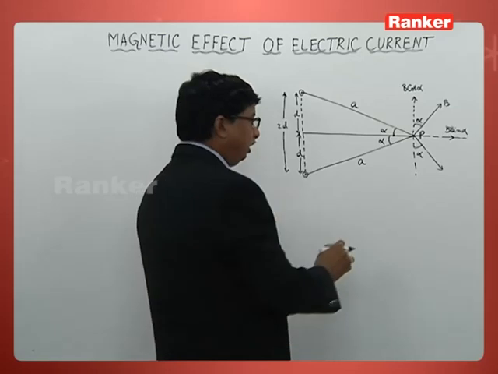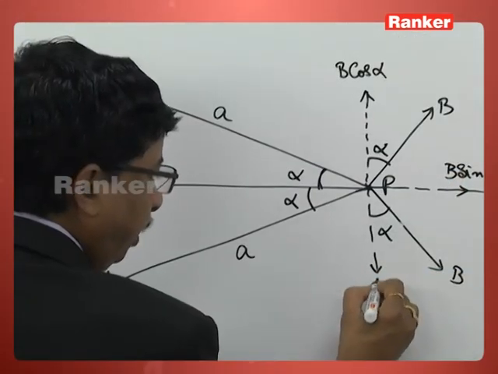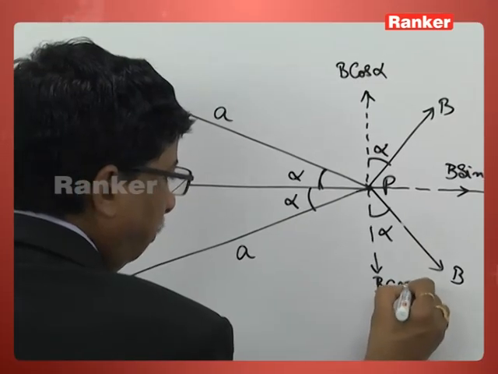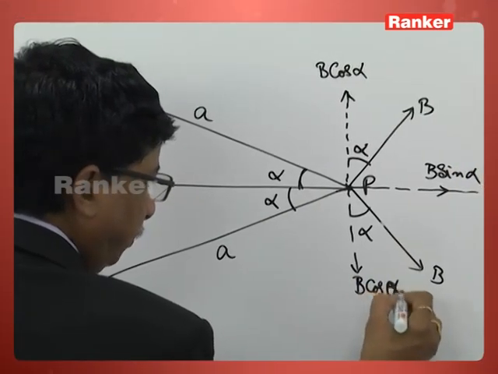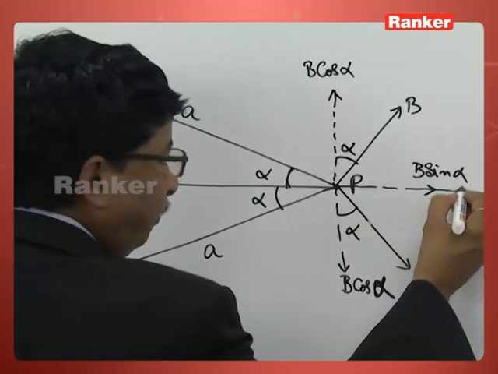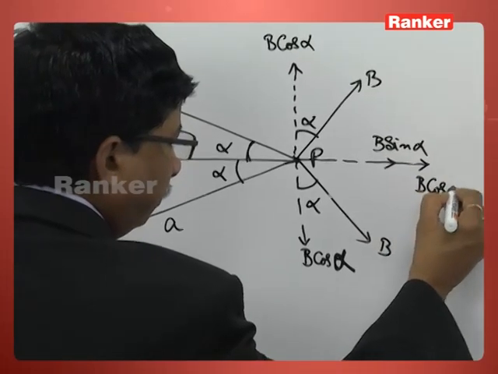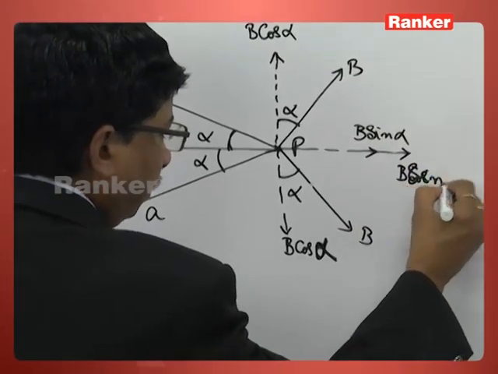In the same manner, for the other value of B also, this directional component will be B cos alpha according to the angle given, and in this direction it will be B sin alpha.